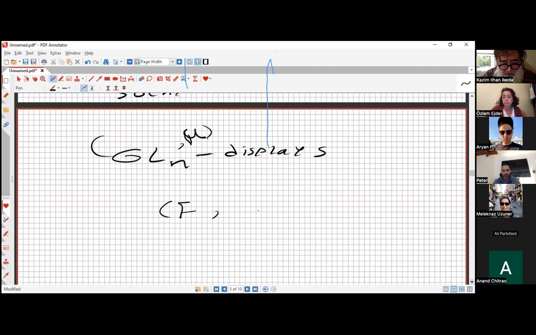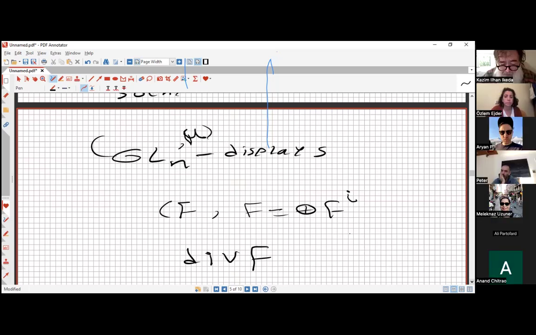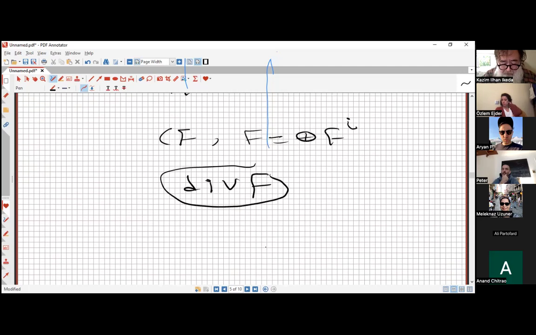Let me fix this filtration by fixing a co-character. The only other data I should give you is this divided Frobenius that I had in the definition. This is just a matrix. So to give a GLN display, I should give you an element in GLN of delta of R.